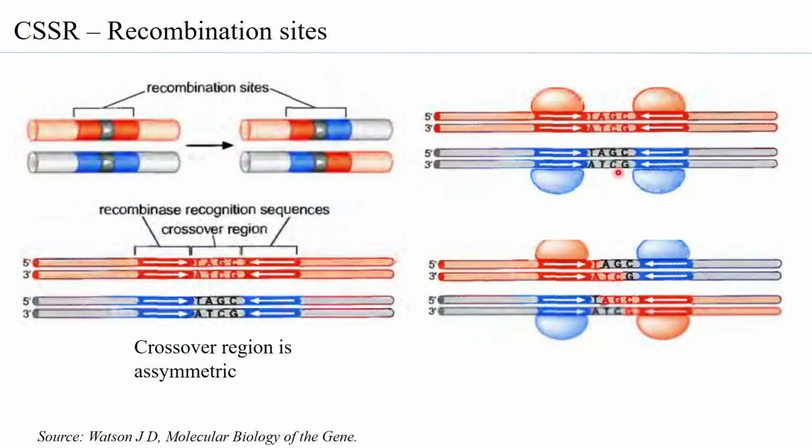There has been a cleavage over here, and this portion has shifted here, and this portion has shifted down. So there is an exchange between the two DNA, and this is happening just because of the recombinases and the alignment of the recombination sequences. So this is how recombination actually takes place, and this is a general molecular mechanism that is observed.